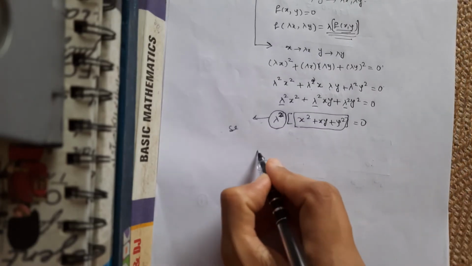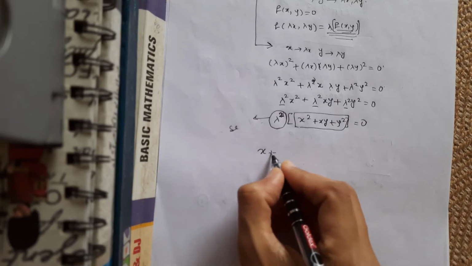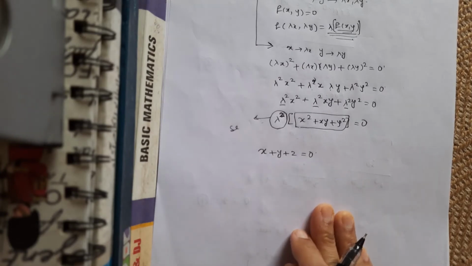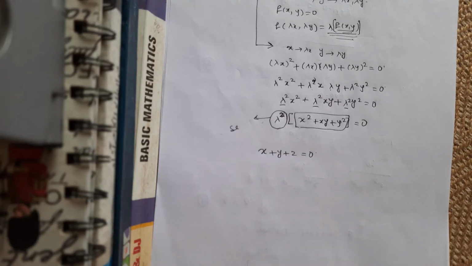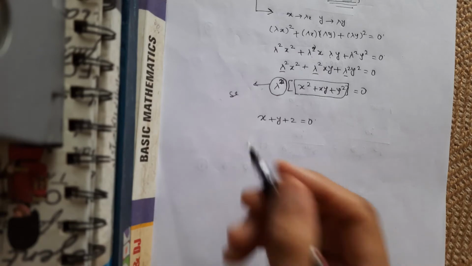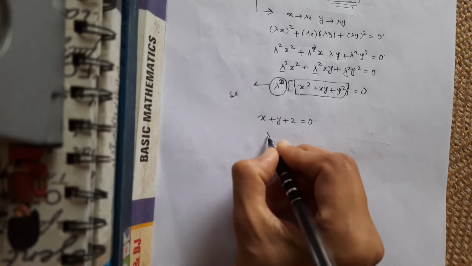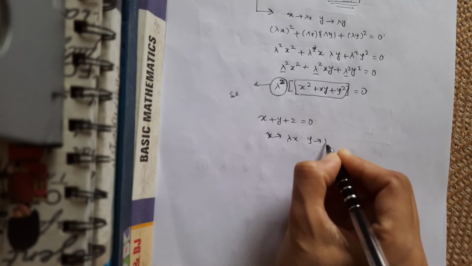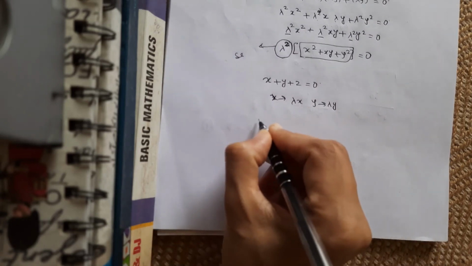So for example, if I have an equation x plus y plus 2 equal to 0. Okay, now I don't know whether it is homogeneous or not, and I am unable to understand it. So the simple thing I will do is replace x with lambda x, y with lambda y. Now what will I get?